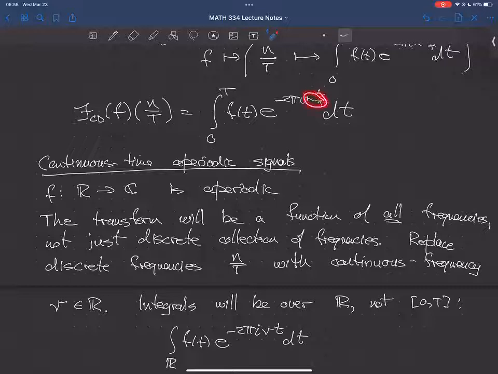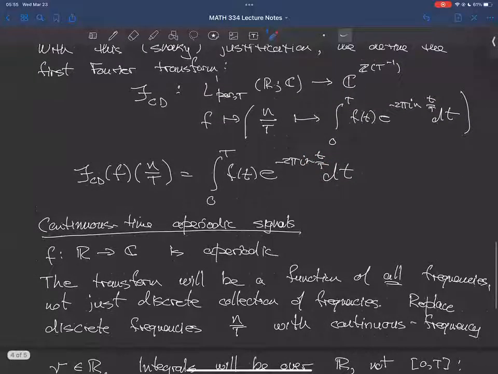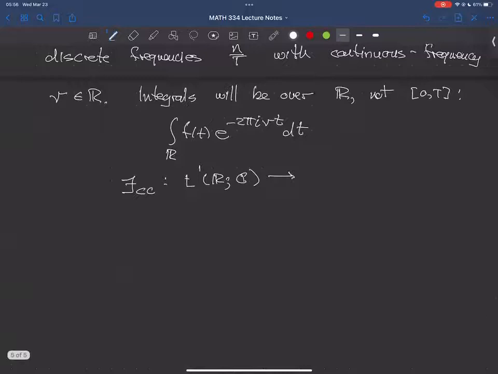It's just that in the discrete time case, this isn't so horrible a thing to think about, but in the continuous time case, this isn't so pleasant. C to the R is not such a useful thing, but nonetheless, that's all we're going to be able to say right now. So this is just going to be some complex-valued function on R, some function of nu. And it's going to take an f in L1, and it's going to map it to this function of the frequency variable nu.